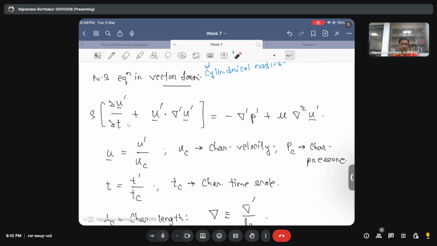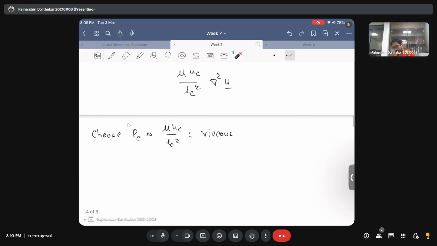That's one explanation of why your pressure scale is the viscous scale, because this term will anyway approach 0, which means this term has to dominate if we want to have a 0 or a tending to 0 thing in the left hand side. Okay, and that's the reason why your pressure should actually scale as viscous scale in the creeping flow analysis. So this means that I'll choose PC as mu uc by lc square, which is nothing but the viscous scale for pressure.